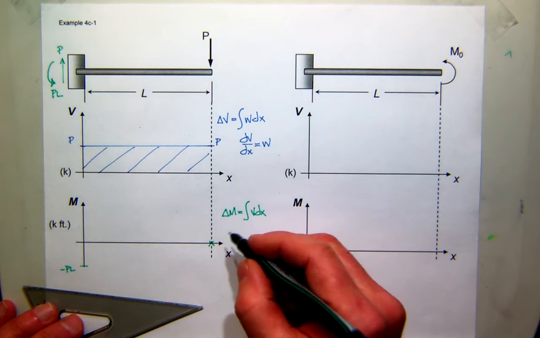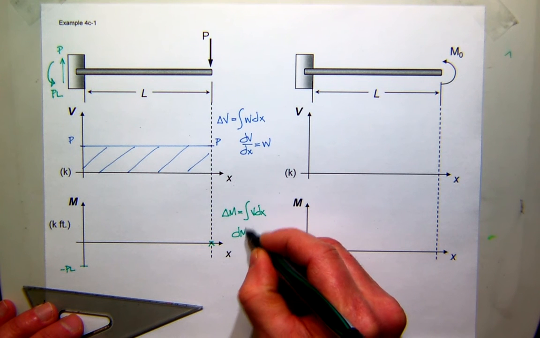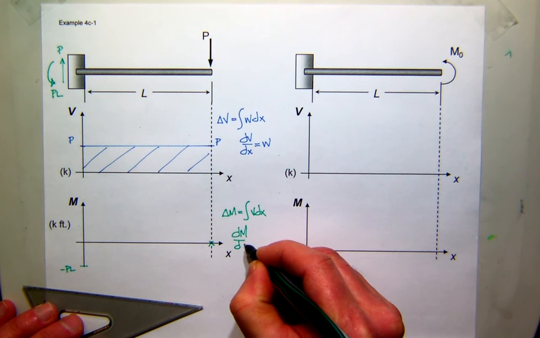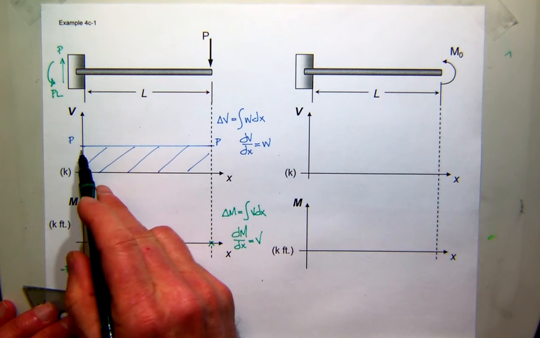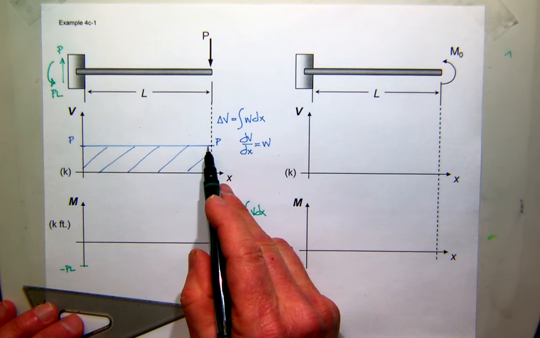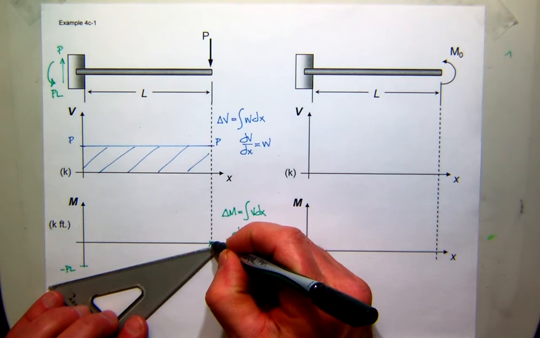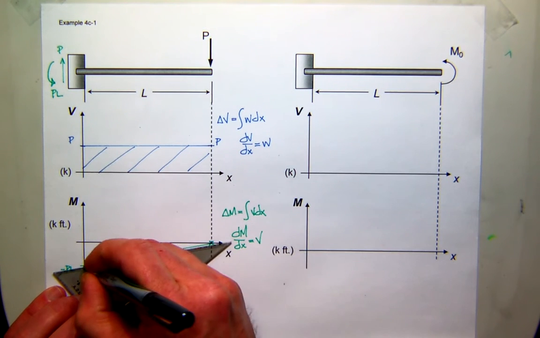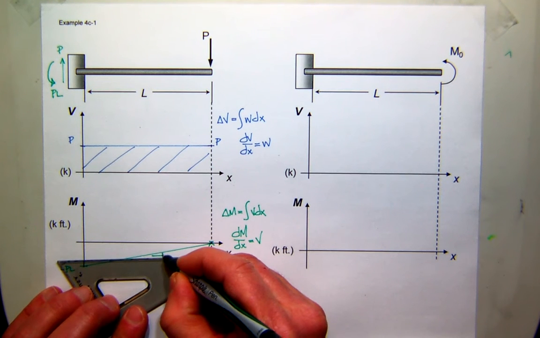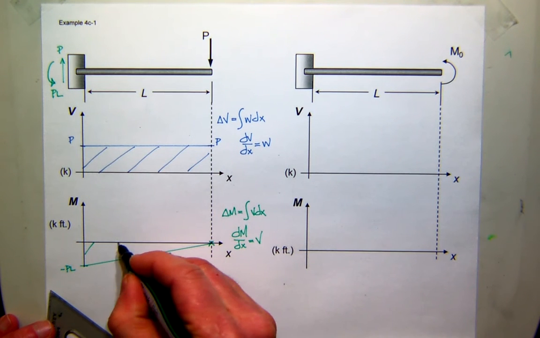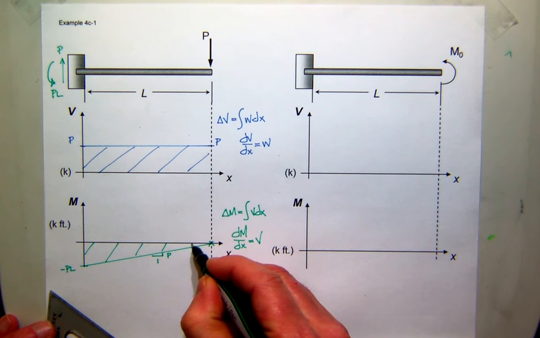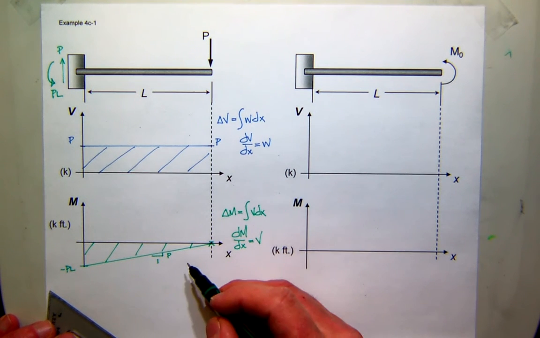Great. That checks. So what about the slope of the moment diagram? It's equal to the shear. And what's the value of the shear everywhere? Positive P. So here's a positive slope. And I'll just go ahead and pencil on there that it's of slope P. So now the question is, what's the maximum moment?